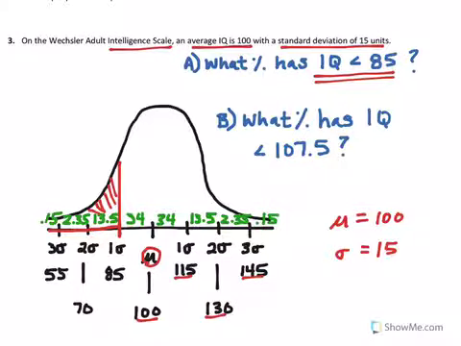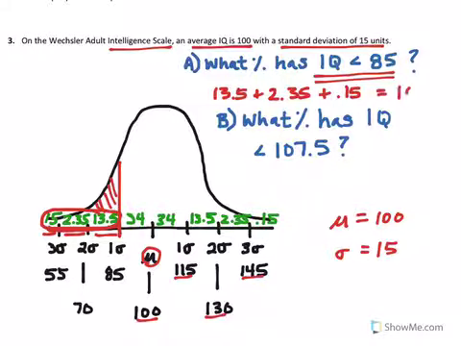It's going to be the 13.5% plus the 13.5% that is represented between 1 and 2 standard deviations, the 2.35% that's going to be represented between 2 and 3, and the 0.15% that's going to be represented beyond 3, which is a total of 16%. Which is great, and it's easy to answer.